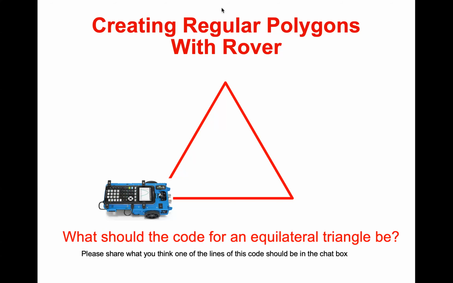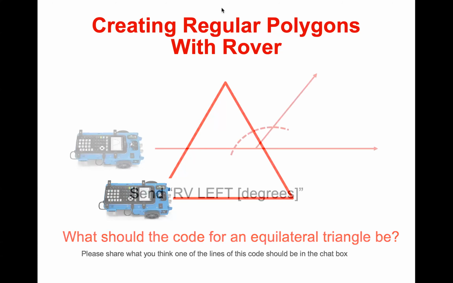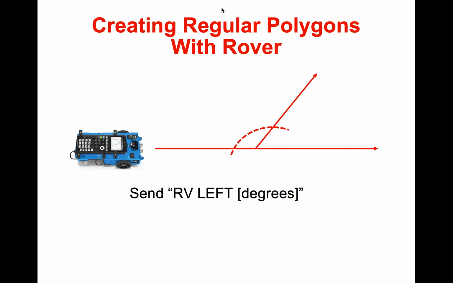With Gretchen's comment of 60, the interior angles are 60 degrees. Kim says 120, so I think there's a relationship between the 60 and the 120 there, Paul. Now, one thing to keep in mind is that when you're sending the RV, in this sample of the code, it's send RV left, then a space, and you enter the number of degrees by which the rover will turn.